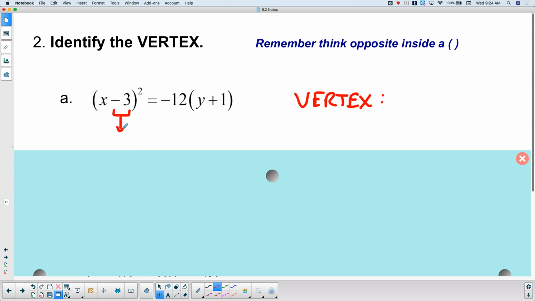It's -3, so I think oppositely because it's inside a set of parentheses. So that's going to be +3. So my vertex is going to be at 3, comma, then I look at this number. It is also inside a set of parentheses, so I think oppositely. So I'm thinking about -1. So the vertex of this particular parabola is at the point 3, comma, -1.